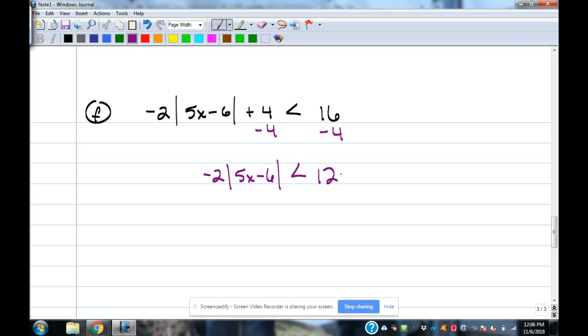All right, I'm going to divide by negative 2 to get rid of it. Remember that as long as there's absolute value in the problem, you don't distribute ever. Okay, don't make that mistake. So here we have absolute value of 5x minus 6, and then that's a negative 6 over there.